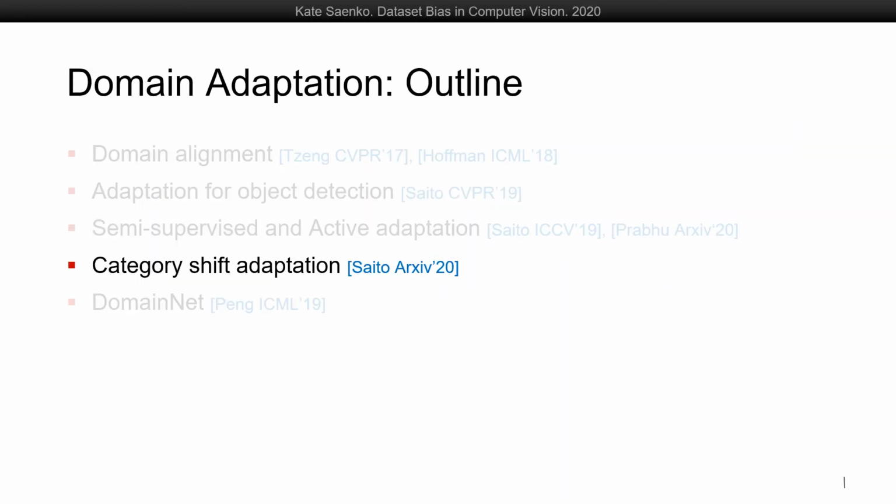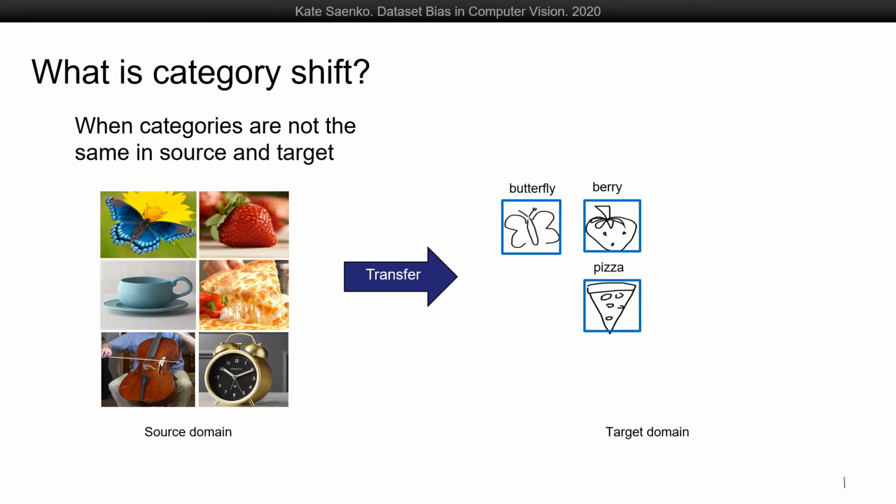Okay, so that was active learning. Now I want to talk briefly about another problem that we encounter, which is category shift. So what is category shift? This is when categories are not the same in the source and target domains.